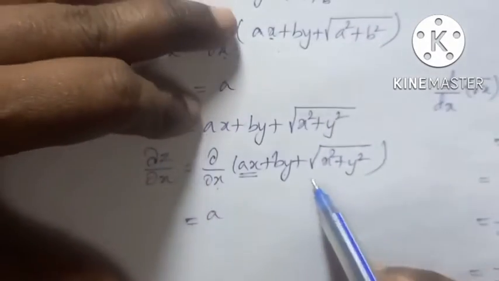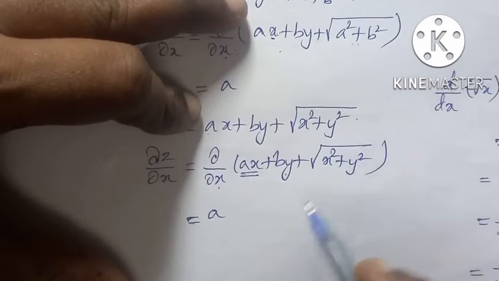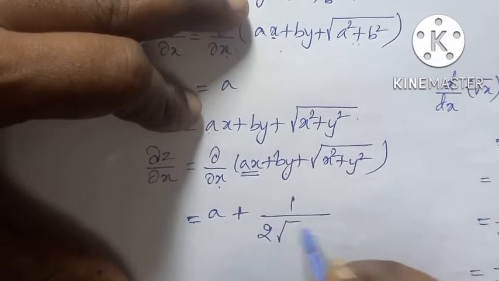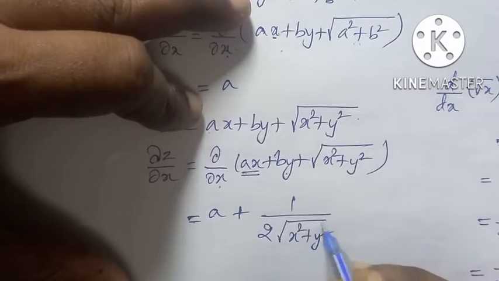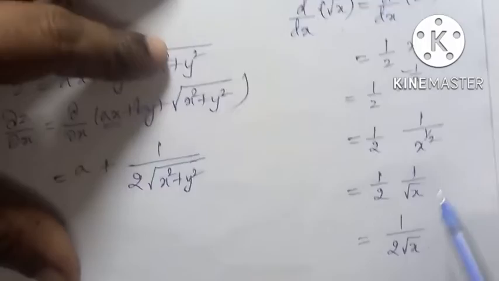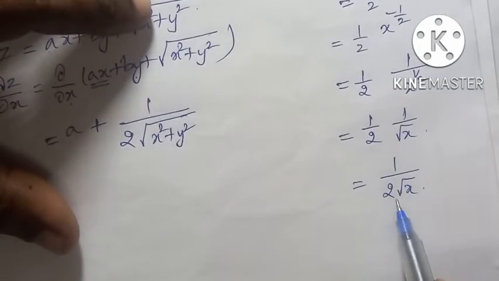Similarly here, the differentiation of this root is 1 by 2 root of (x² + y²). So when you have √x and differentiate it, it becomes 1/(2√x), right?